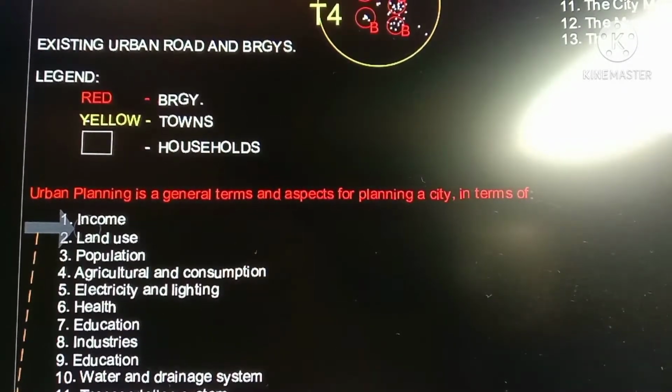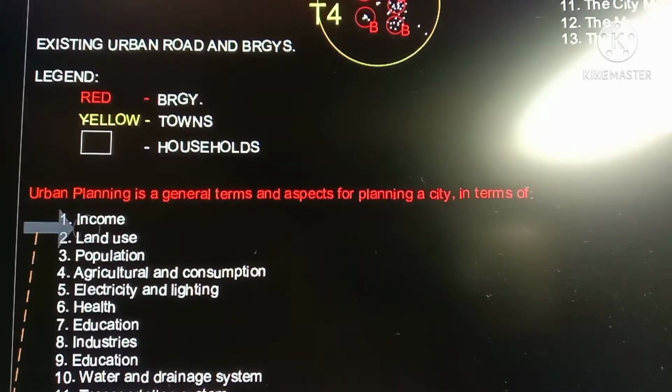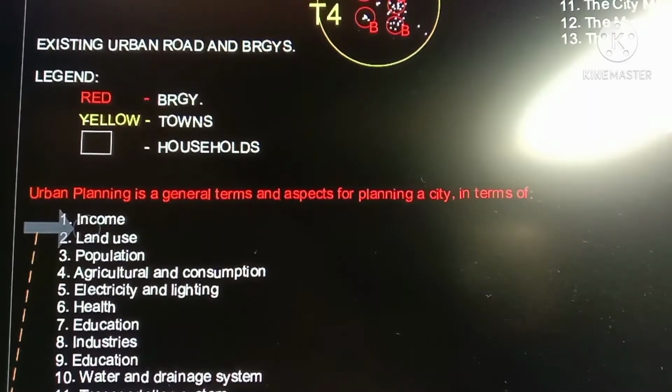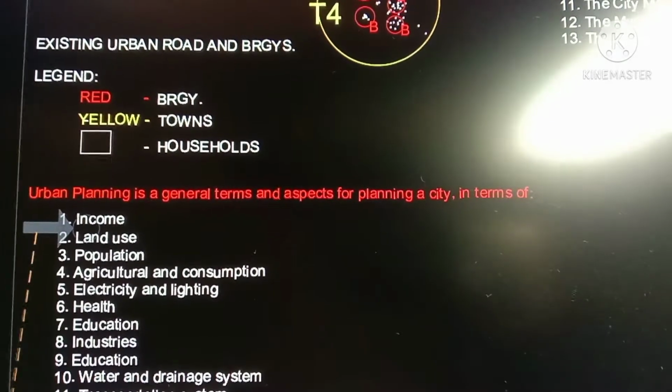We cannot just mix educational or housing buildings with the industrial, because they are not linked to each other. Industrial areas are very noisy, where all those manufacturing of other items happens. So this must be segregated by a distance. That is how it is planned by the urban planner in order to become a city.